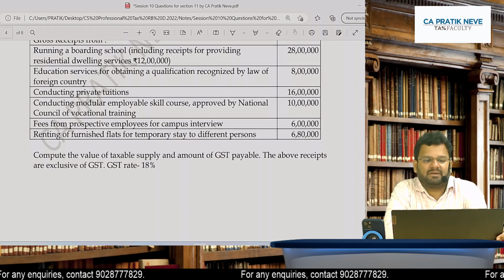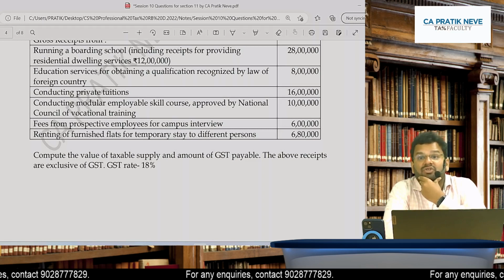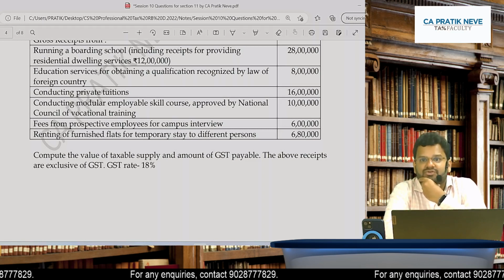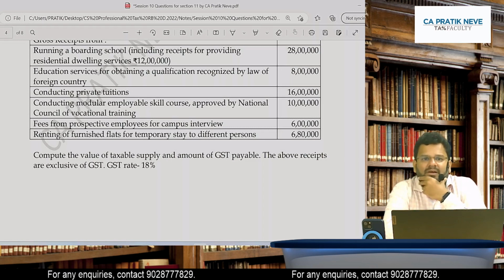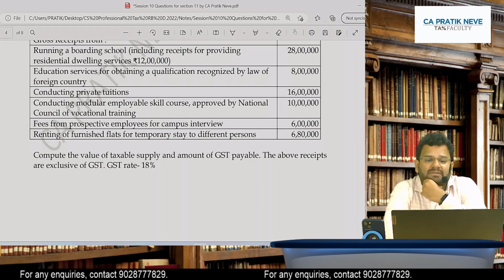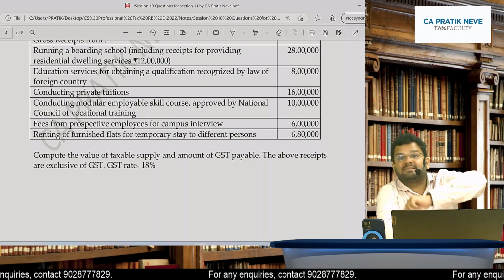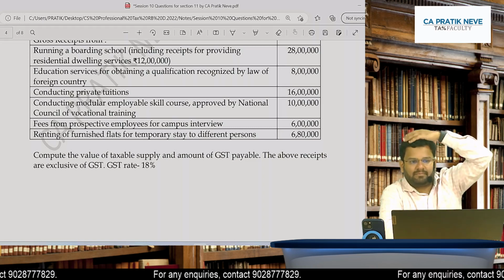What happens in running a boarding school? In short, the supply is of services to students. Education services to students will be exempt. And the main service is education here. Residential dwelling is ancillary to the main supply. So exempt it.